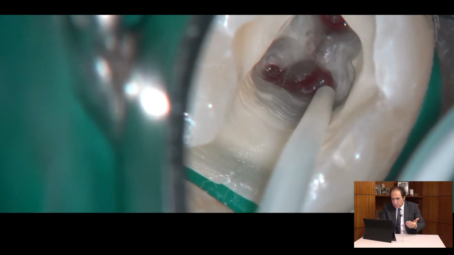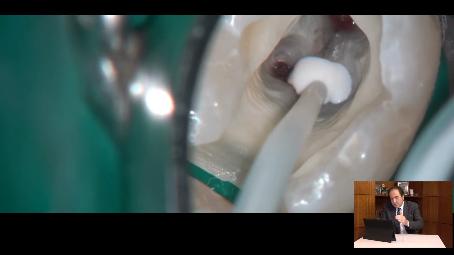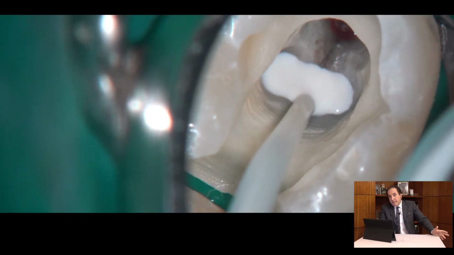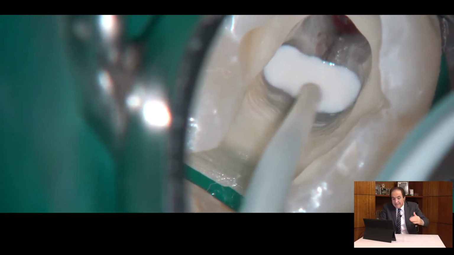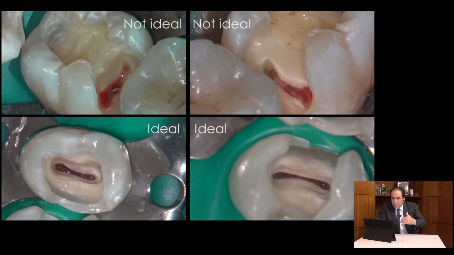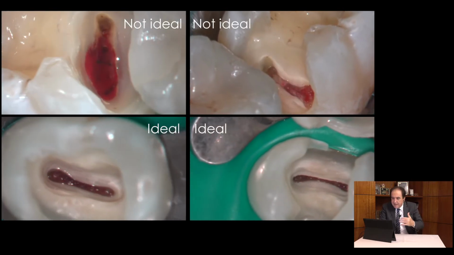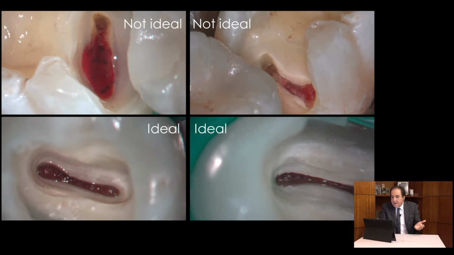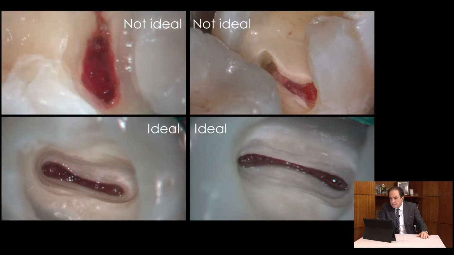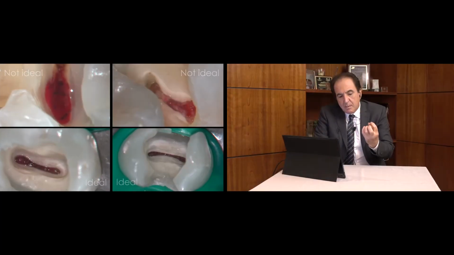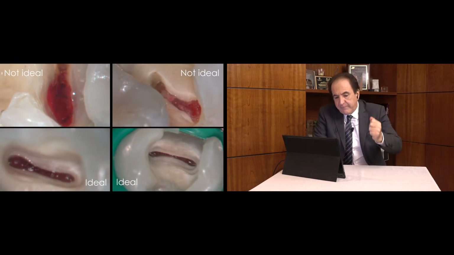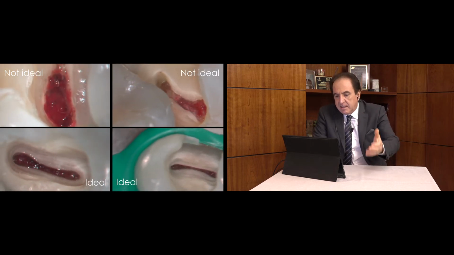But if the tissue is not continuous, if you cannot control the bleeding, then obviously you go for pulpectomy or root canal treatment. So it is a process that you have to go step by step. It's not simple, and there are no other methodologies to understand whether you have inflamed but non-infected tissue in the wound. This is the only point.